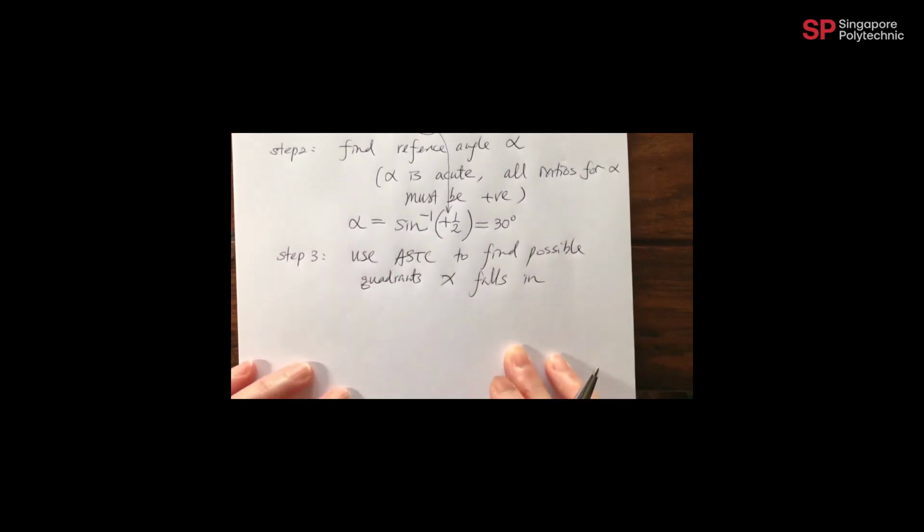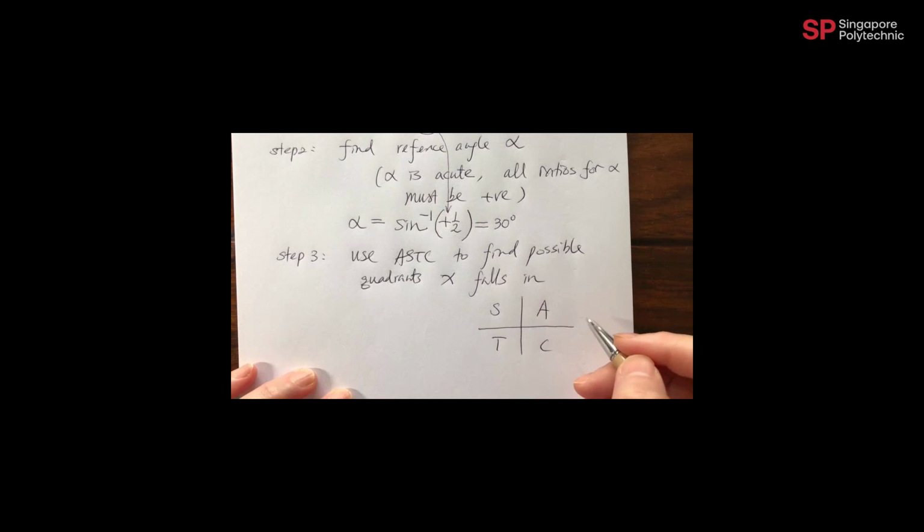So based on our understanding, ASTC tells us for sine ratio to be positive, it will be in quadrant 1 and quadrant 2.